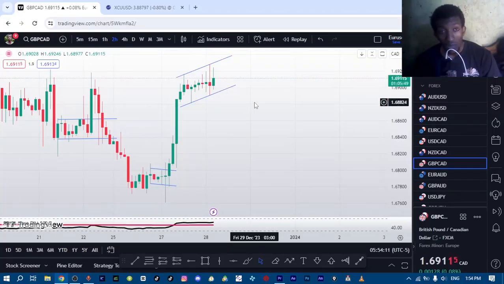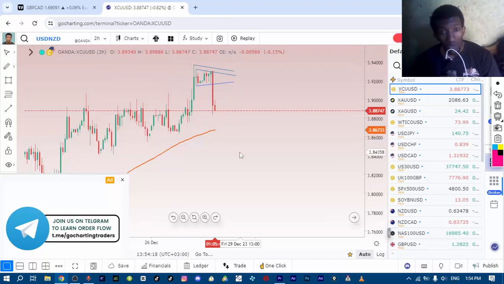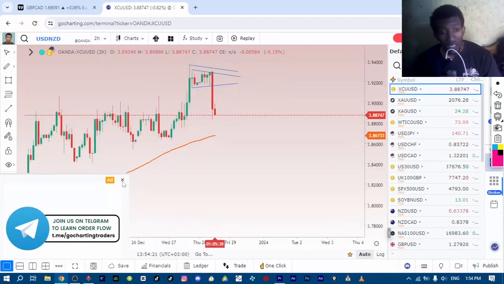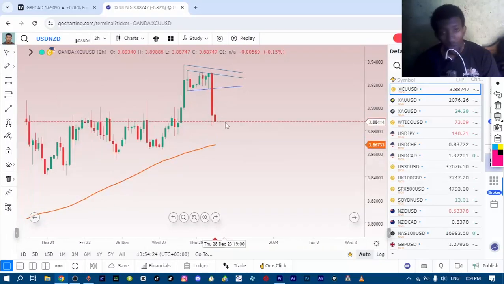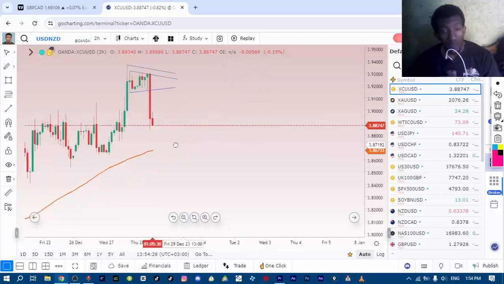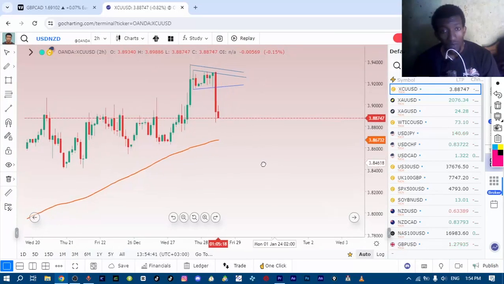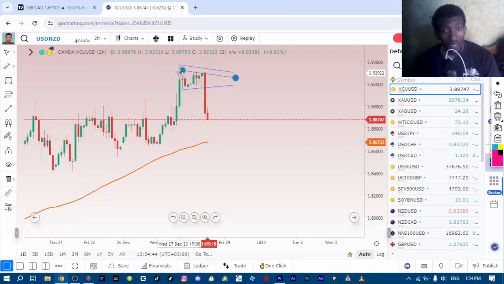Just because I didn't put an alarm, I missed a huge trade on the copper dollar. As you can see here, it was a beautiful trade. It would have been a great trade, but unfortunately I missed it. When I saw this, it had already melted down here, so there is no point in doing anything.